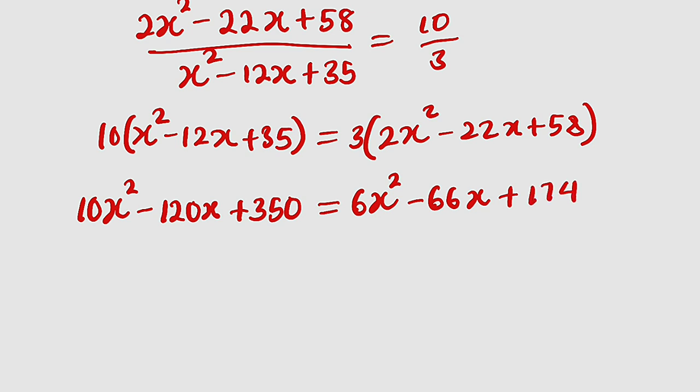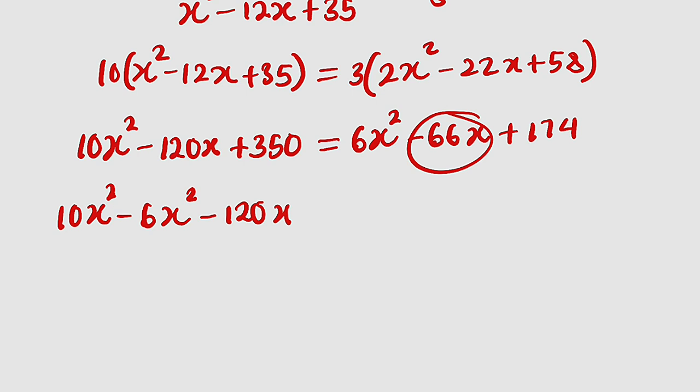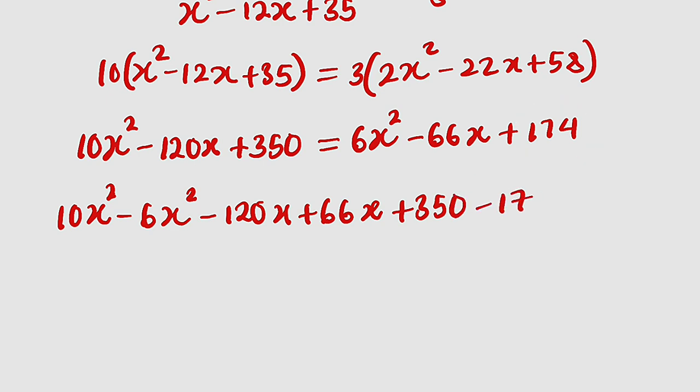All right. I would like to take all terms to the left hand side. So we have 10x squared here. As this crosses over, it becomes negative 6x squared. We have minus 120x. As this crosses over, it becomes positive 66x. We have 350. As this crosses over, it becomes negative 174.